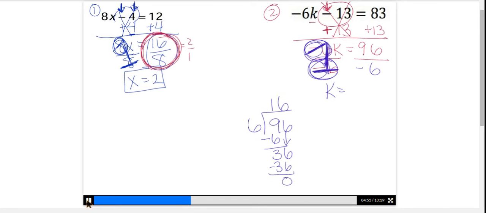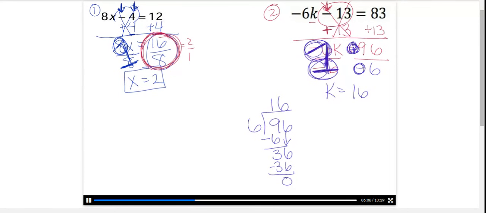And I subtract, and I have 0. So my answer is 16. But look, I'm dealing with a positive and a negative. My signs are different, so my answer must be negative. The answer is k is equal to negative 16.